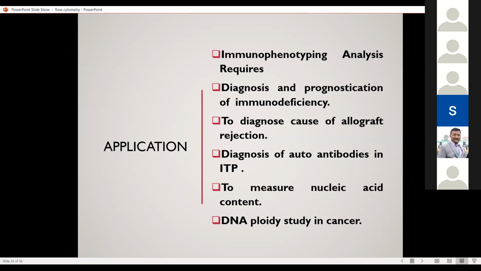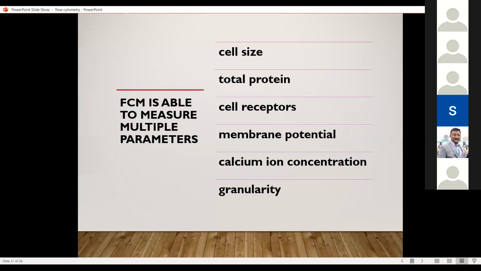Likewise, tetraploidy and other kinds of chromosome aberrations are present in cancer cells. So we can determine what kind of DNA ploidy is present in these cancer cells, and analyze the cancer cells on the basis of flow cytometry.